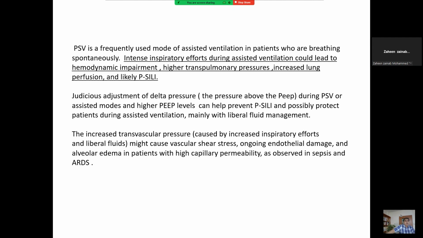Judicious adjustment of delta pressure, which is the pressure above the PEEP during a pressure support ventilation or assist mode, and higher PEEP levels can help limit patient self-inflicted lung injury and possibly protect the patient during assisted ventilation, mainly with liberal fluid management. The increased transvascular pressure caused by increased inspiratory efforts and liberal fluid might cause vascular shear stress, ongoing endothelial damage, and alveolar edema in patients with high capillary permeability as observed in sepsis and ARDS.